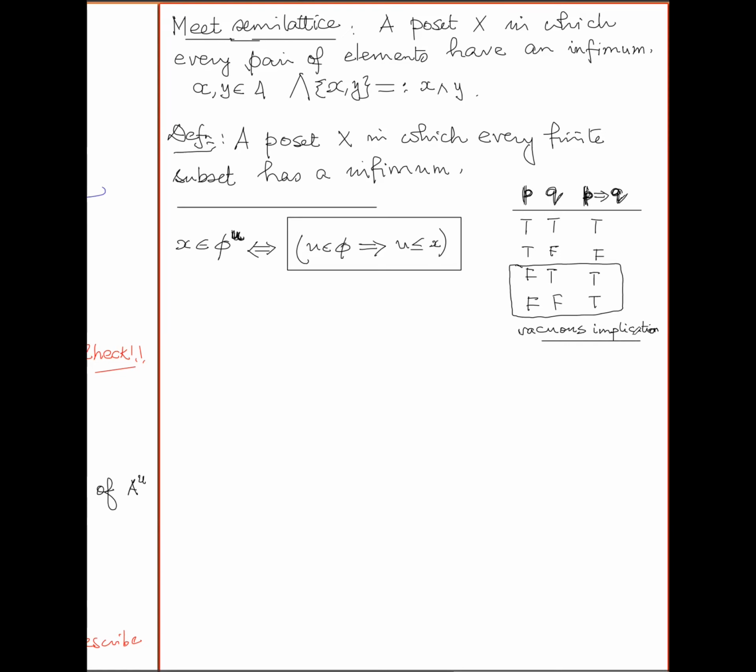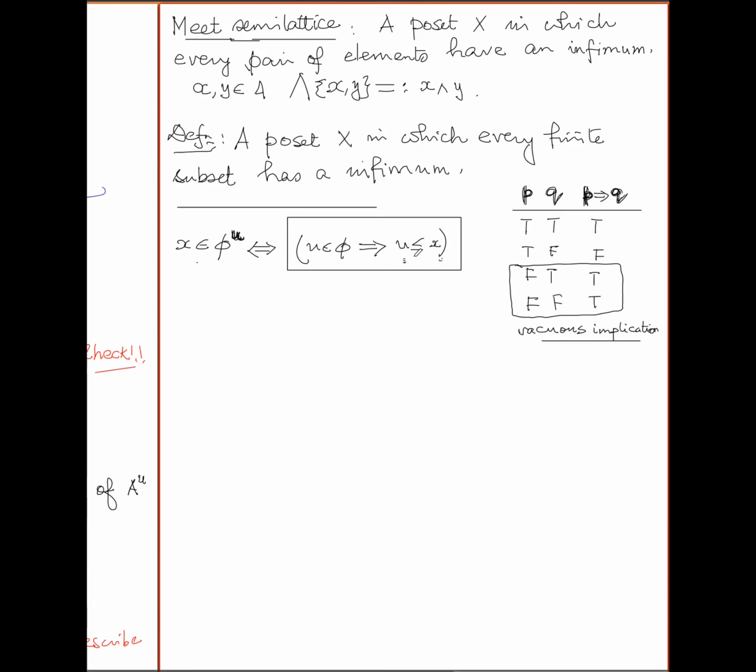So, if there is an upper bound of the empty set, so this statement being true means I have an upper bound of the empty set. That can happen even only if this statement is true. But in this statement, the hypothesis is always false, right? Hypothesis is always false. So this one must be true, right?